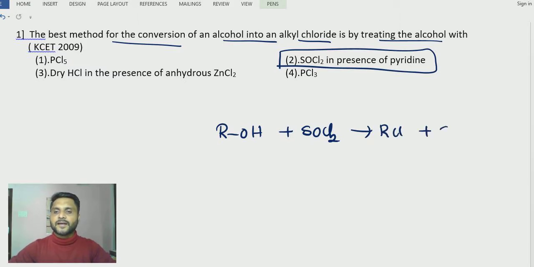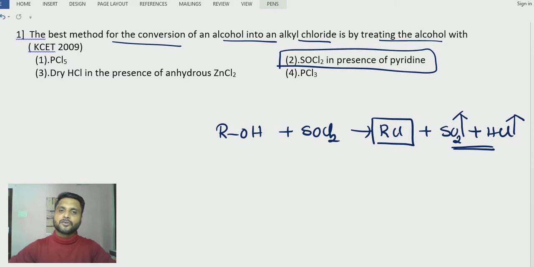The side products are sulfur dioxide and hydrogen chloride, both gases. Therefore, no side products remain and we get pure alkyl chloride. So this is the best method to prepare it. SOCl2 is called thionyl chloride, right? So the answer is option number 2 here. Clear?